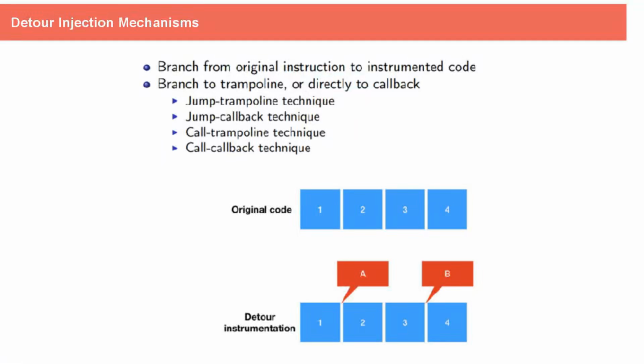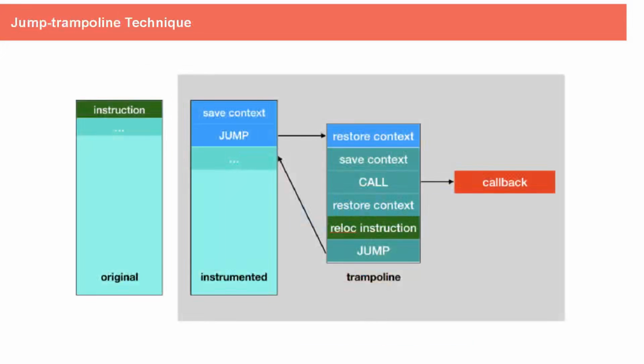So I will quickly introduce the detour hooking mechanism here. The idea is that we branch from the original instruction to our callback, right? But it turns out that there are many ways to do that. The first one, you can jump to the trampoline. Here on the left side, you have the original code.